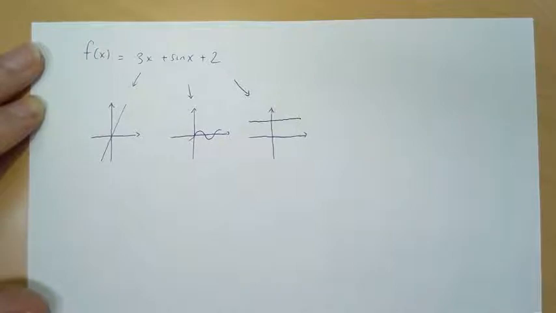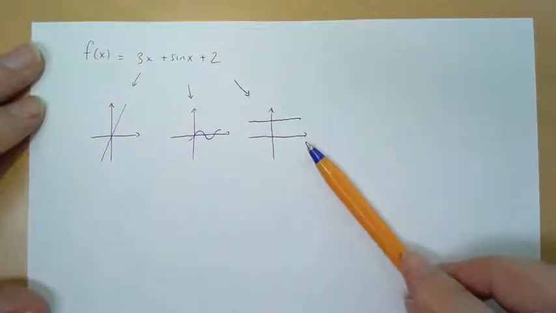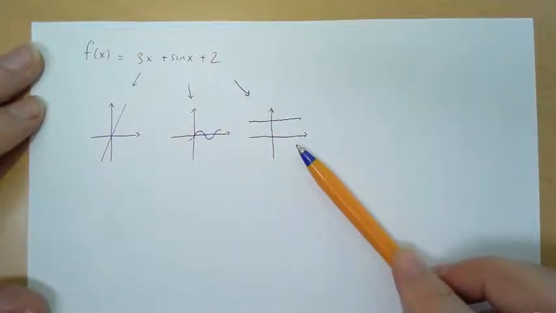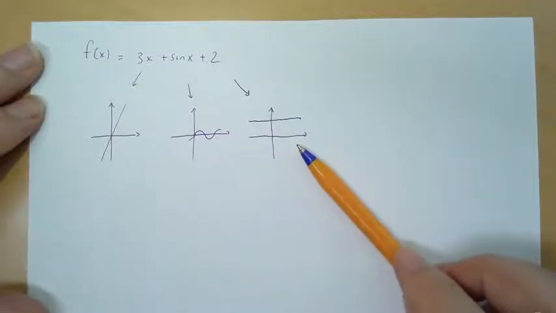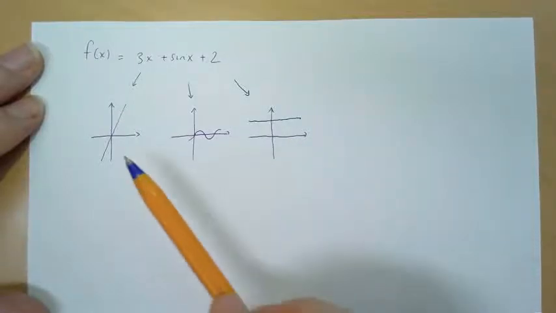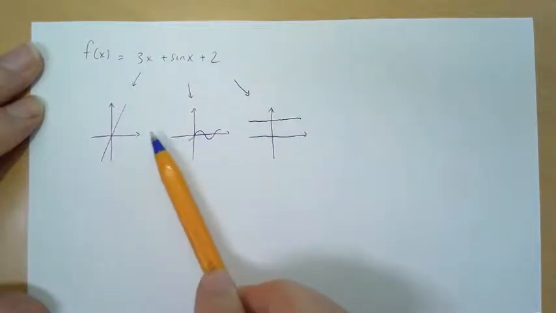So if we add these three graphs together, what's going to happen? Well, the plus 2 is going to change the graph. It's going to lift it up by 2 units, but it's not going to do anything to the slope of the graph. So if we're looking at the slope, we need to add these two graphs really.